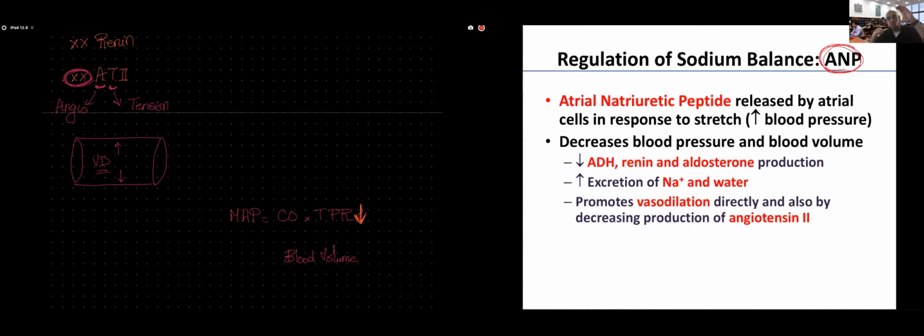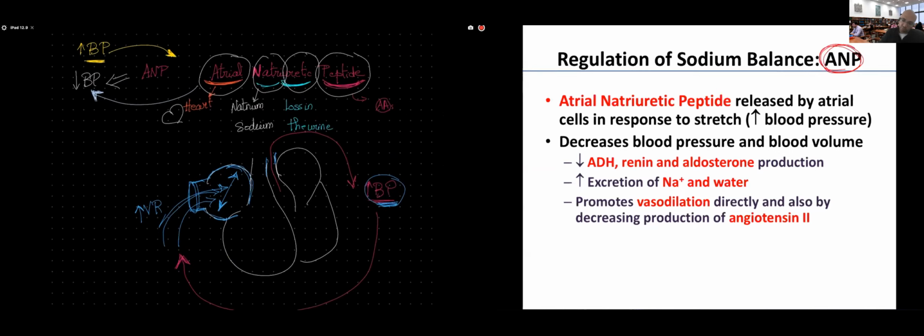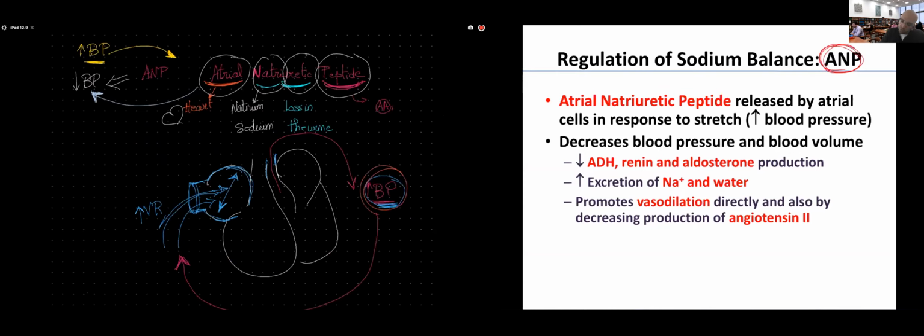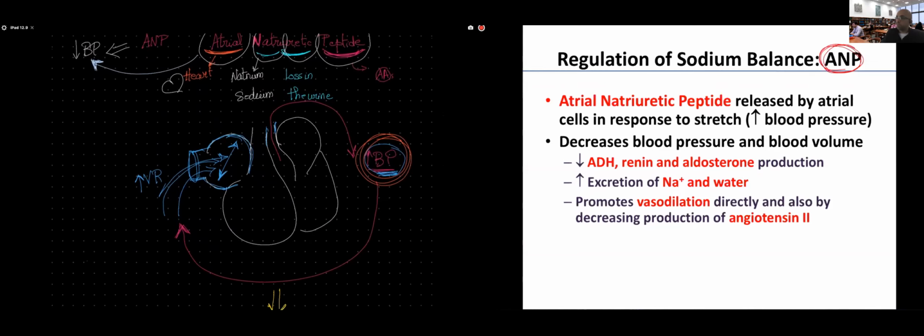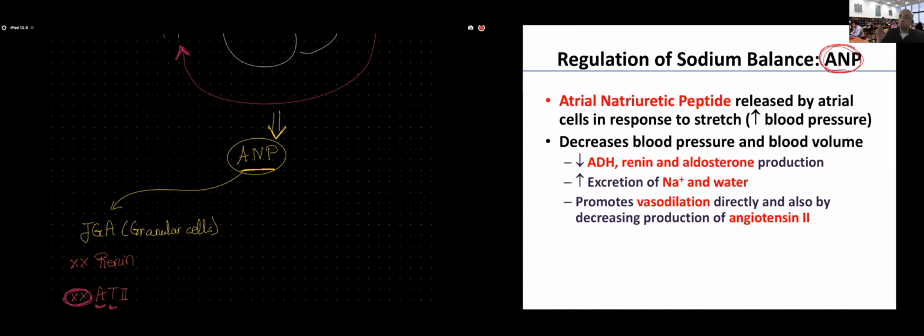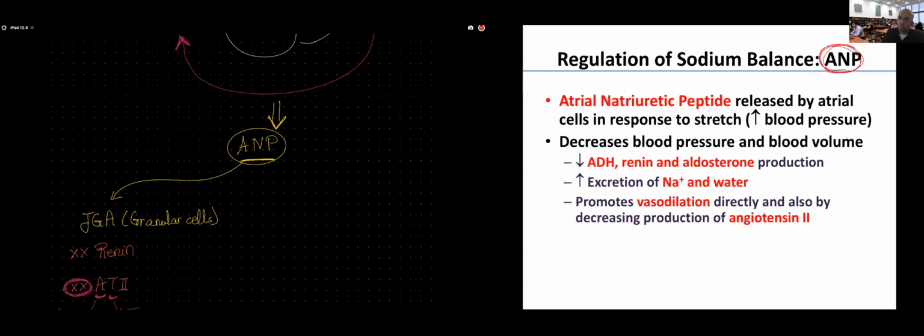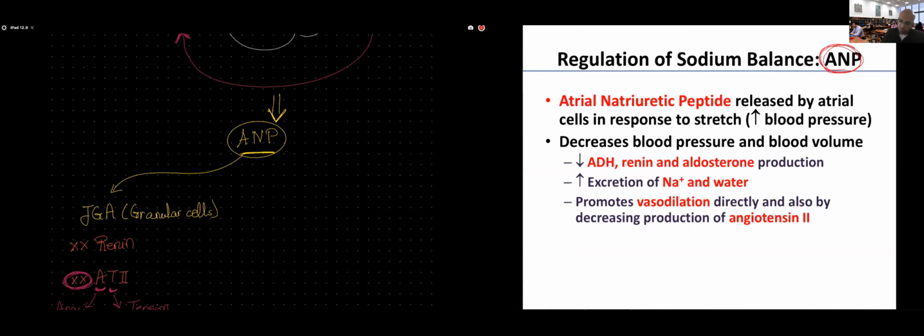Remember, dilated arterioles apply less resistance, and less resistance is going to result in a decrease in the blood pressure. So when I dilate the arterioles, this is going to result in a drop in my blood pressure. And this is what I want. I did have high blood pressure that triggered all this to take place, and my main purpose here for ANP will be to lower this high blood pressure to normal.